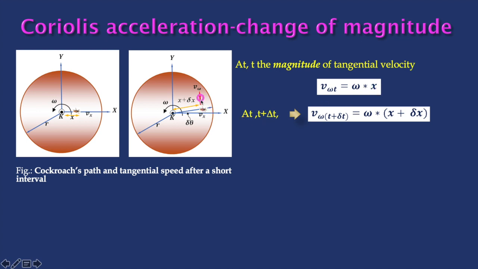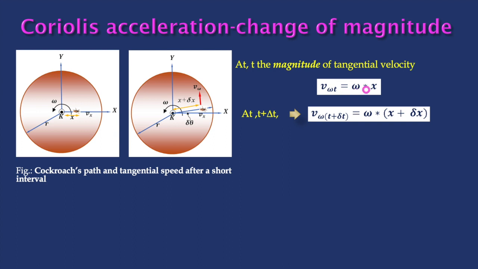Now initially it was this, and after del t time, this equals V omega at t plus del t, that is omega into x plus del x. So there is a change of this velocity. There is a change of the magnitude. The magnitude of this V omega t is changing. Why is the magnitude changing?